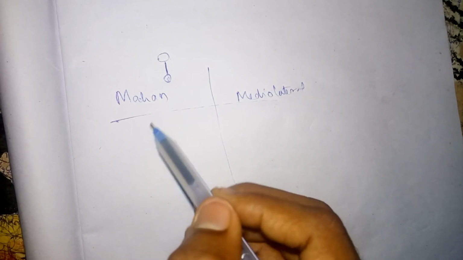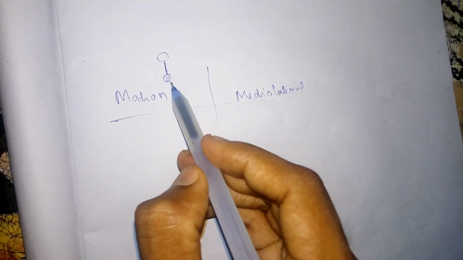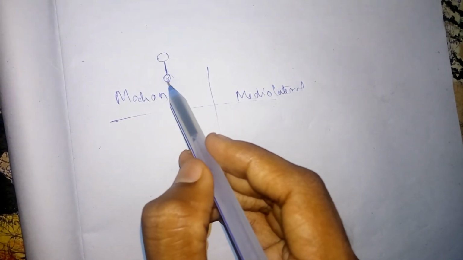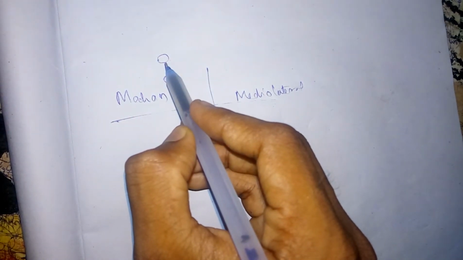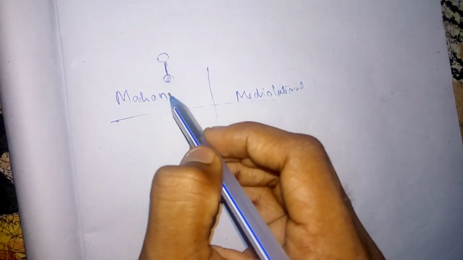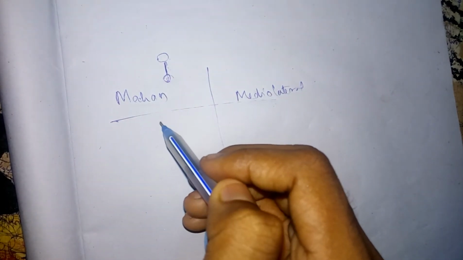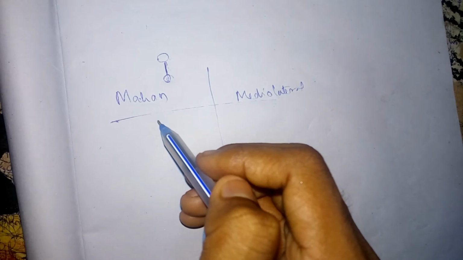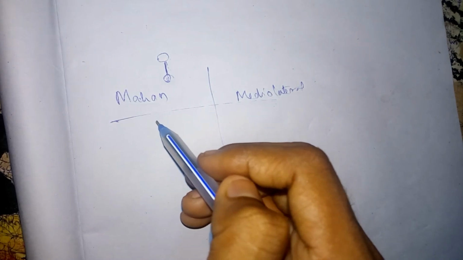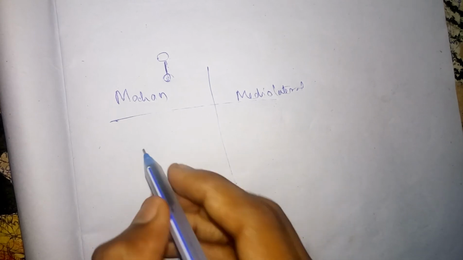As we are going down, we cannot go further because there is the anus. So the length to which we can give the incision is limited in median because we cannot go behind the anus. So the incision cannot be extended in median.